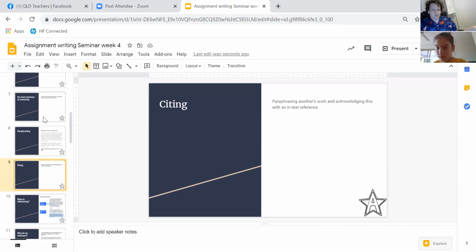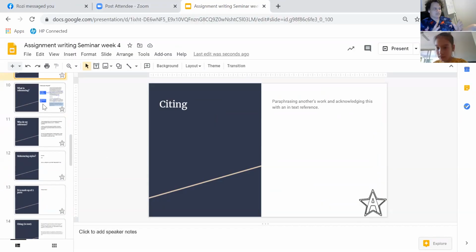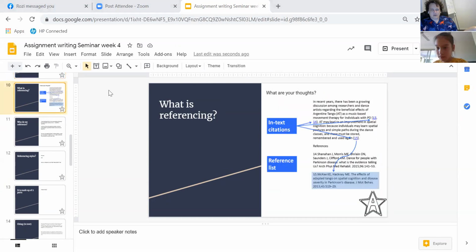Again, this is not going to be a massive in-depth look at what you do for every specific scenario of referencing. We would be here for 5 or 6 hours. So this is what referencing looks like. We have the in-text citations. Now, the two main referencing styles, one uses the name of the author, the other uses the numbers of the reference list.